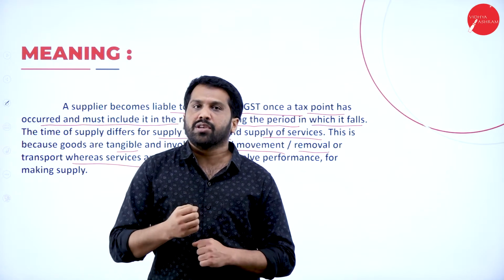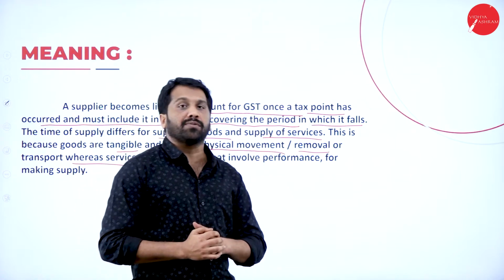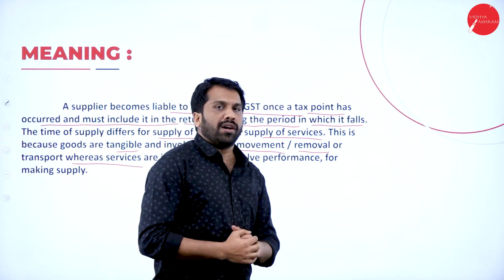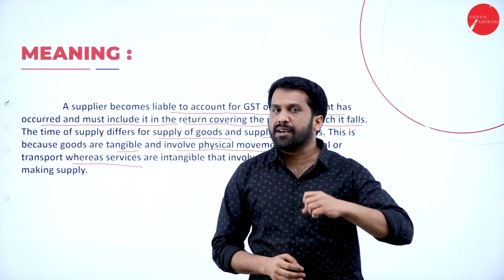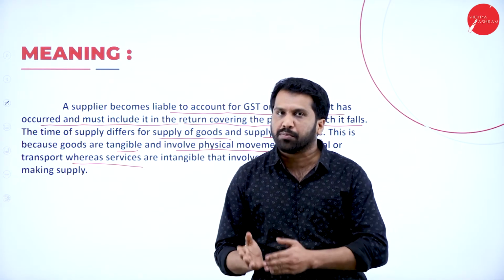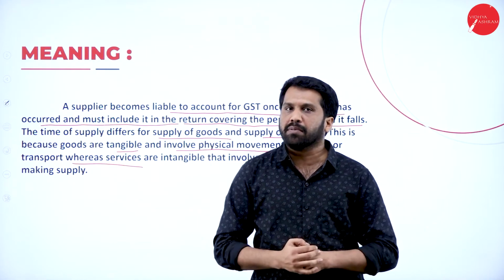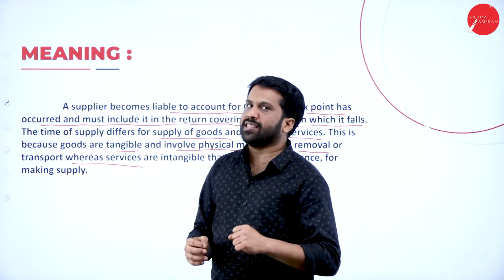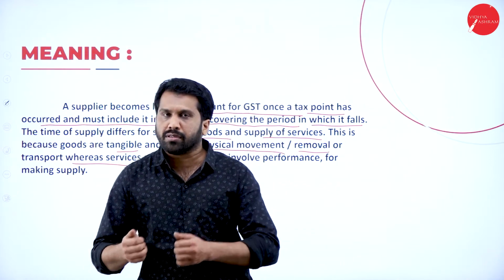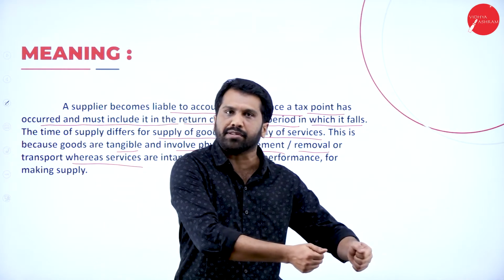Like you are selling a computer, that is goods. Selling a computer means there is a physical form you have to transport from one place to another place. And other than goods, just assume that you are selling any software, you have to carry that software and give it to somebody.